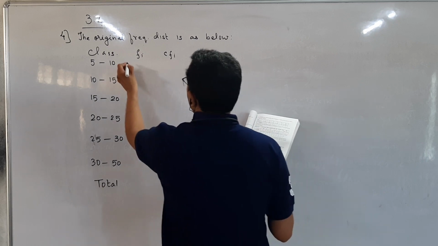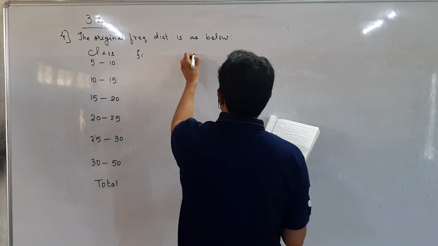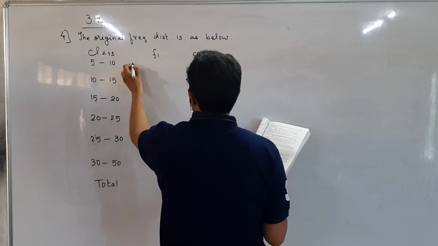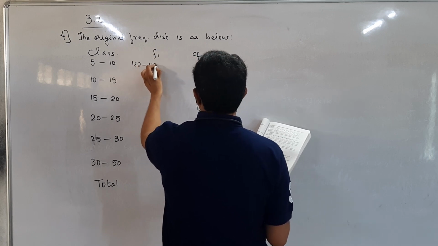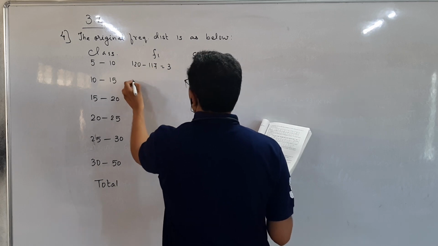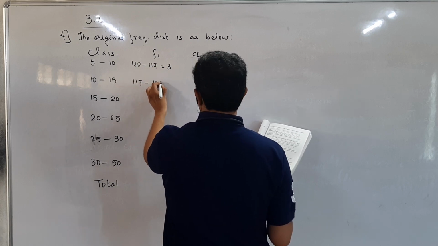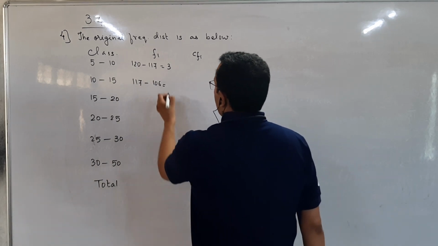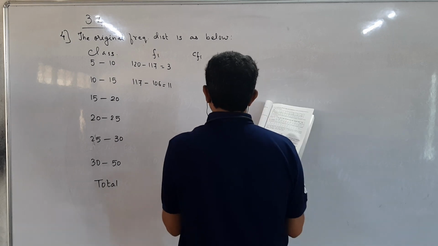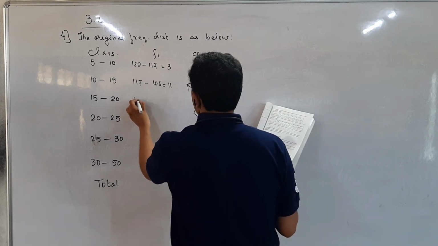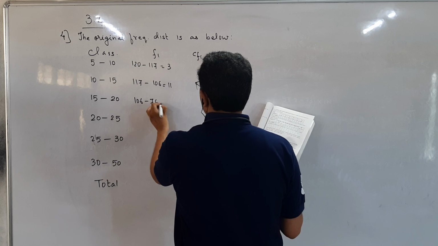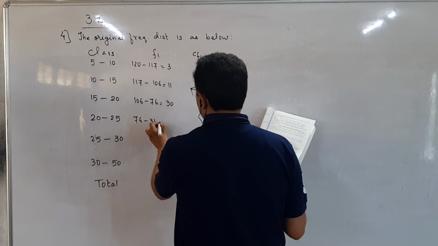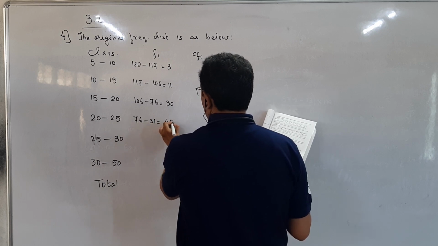Let us split this a little bit to show the calculations. The first Fi is 120 minus 117, so 3. 117 minus 106, so this will be 11. Then 106 minus 76 will be 30. 76 minus 31, so this is 45.